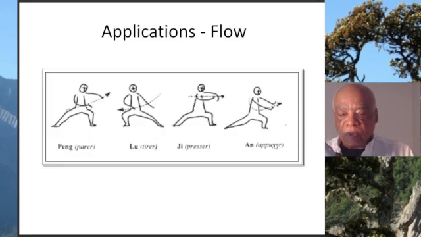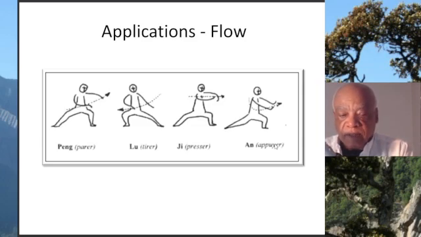Now, these motions would normally be done in sequence in a flowing flurry, where you would go from the pen, the Lu, the Ji, and then the roll back and an motion. So those are the basic Pen Lu Ji An motions of Tai Chi, utilizing all of your joints.